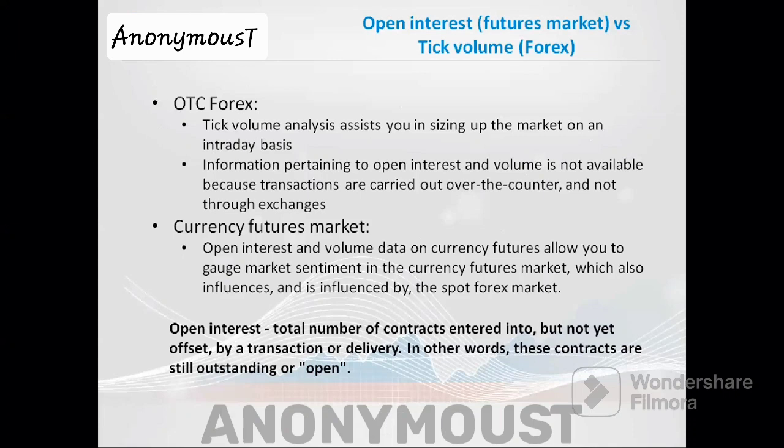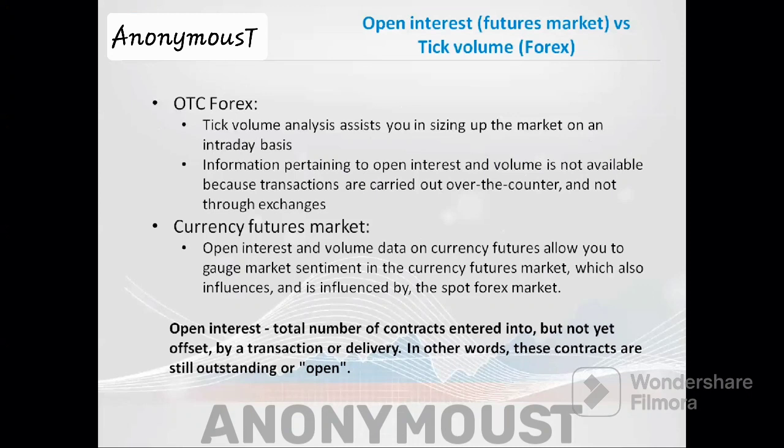Like if I bought one lot of a future, I haven't yet sold it. Whenever you do the vice versa position, it's called a closed contract. Whenever you enter into a position and you haven't yet done the opposite position, it is called an open position. Either you buy or you sell, both are open positions.